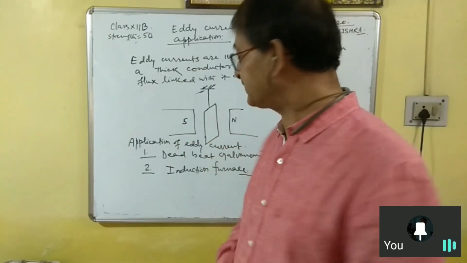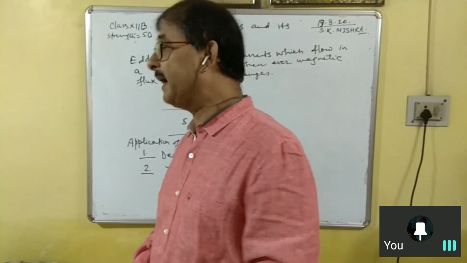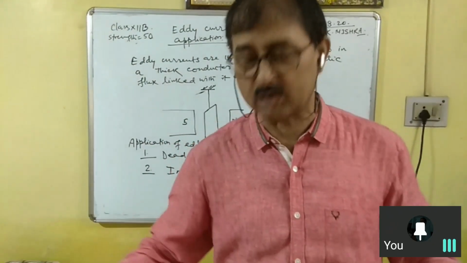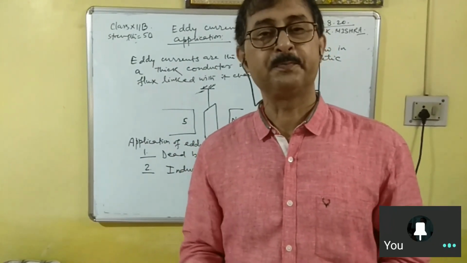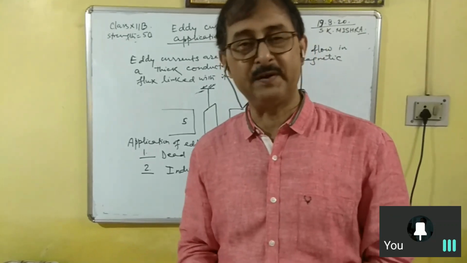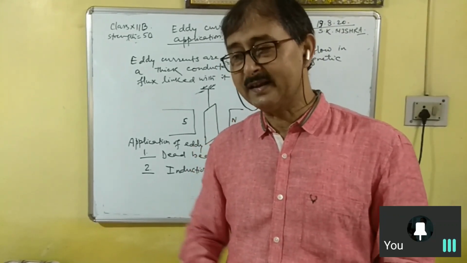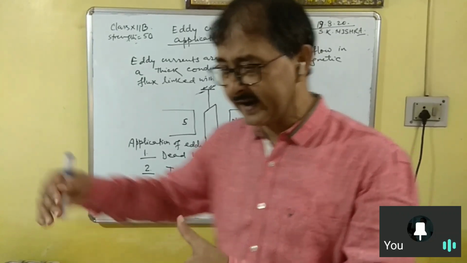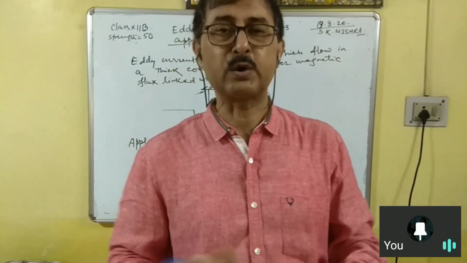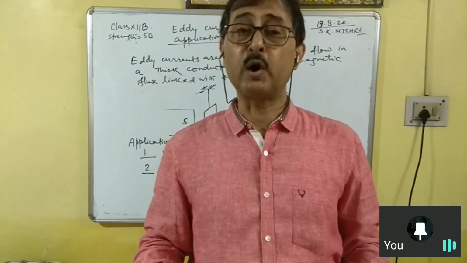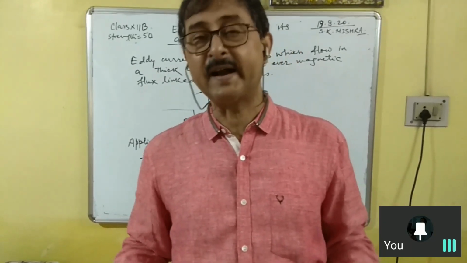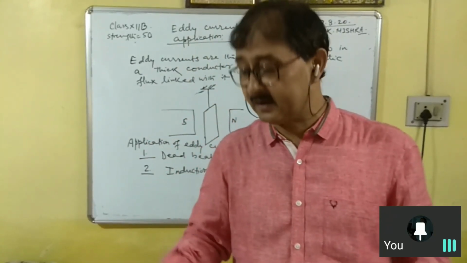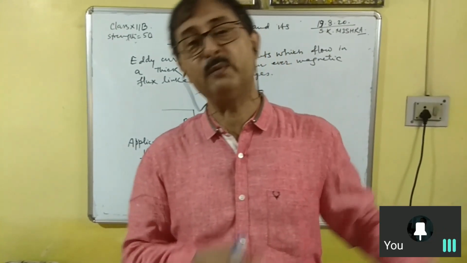So this is a way to form alloy. Another use is, if you want to melt a big log of metal, then put it inside a magnetic field, and then vary the magnetic field by some means. You have some varying current, allow it to pass through the coil. Because of the varying current passing through the coil, the magnetic field at the center of the coil will also change.